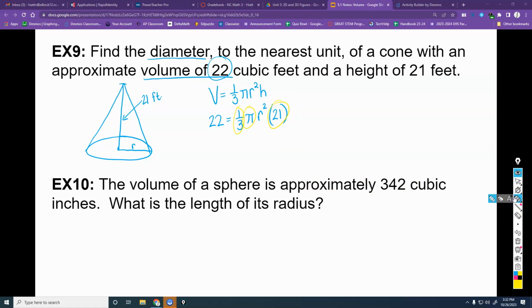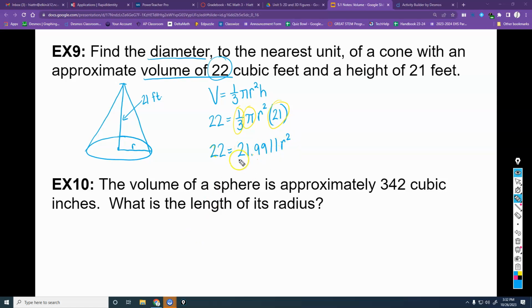So if we do that, we can use our calculator. 1/3 times pi times 21 should give us, I'm going to go ahead and use the decimal for this, 22 is going to equal 21.9911, and then we still have that radius squared.